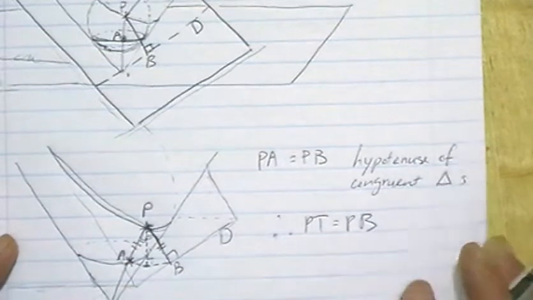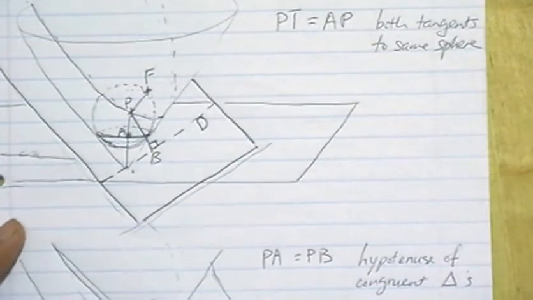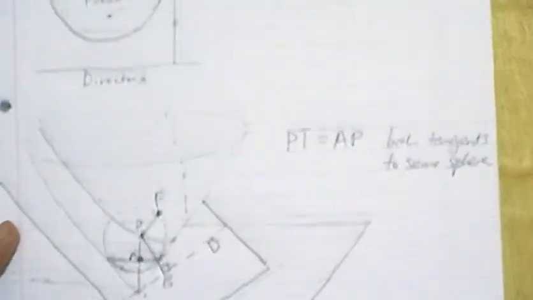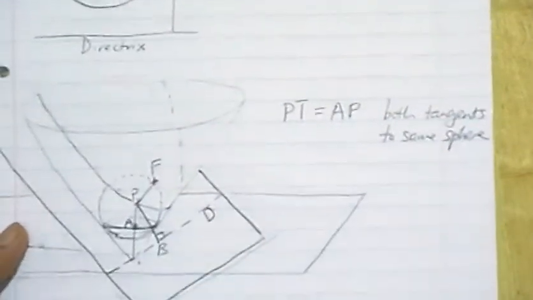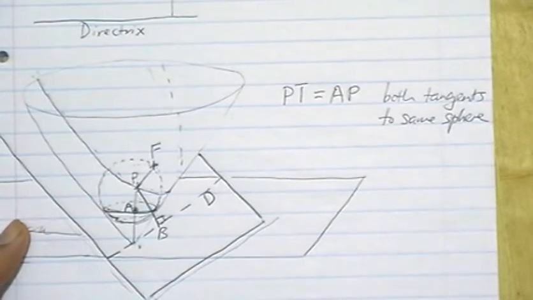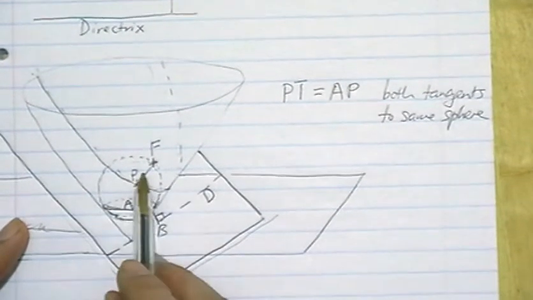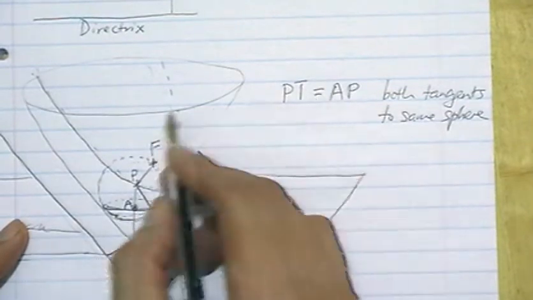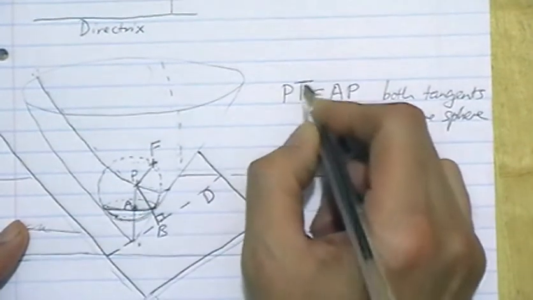Okay, let's remind ourselves what these are. What is PT? I don't actually have a T here. It must have been the F. That must have been PF.